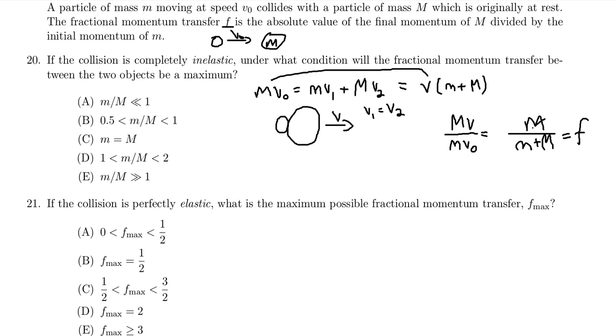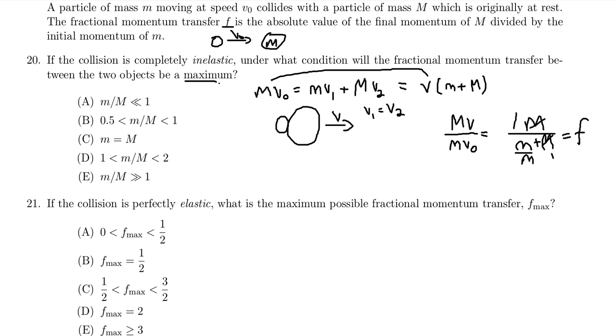Now if we divide the top and bottom by M, we would be left with something in the form of 1 over (x plus 1). That would imply that the bigger x got, and x is little m divided by big M, the smaller F would be.